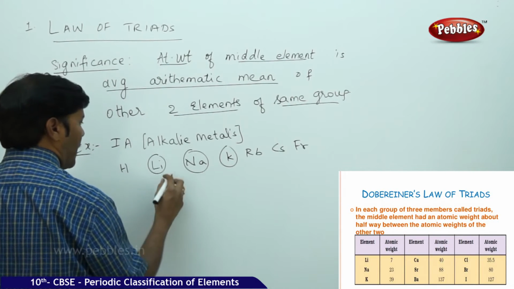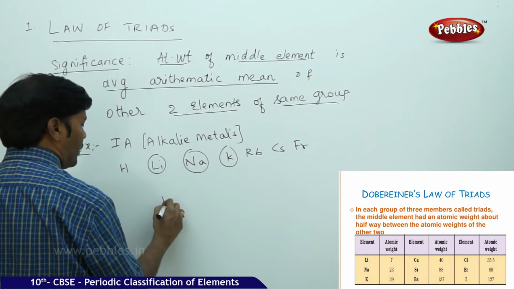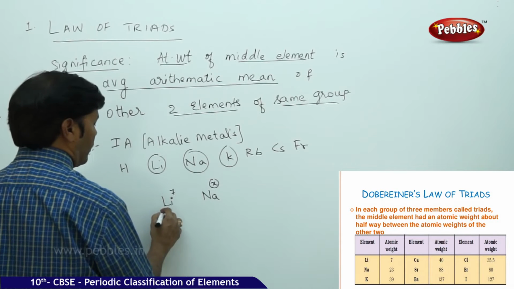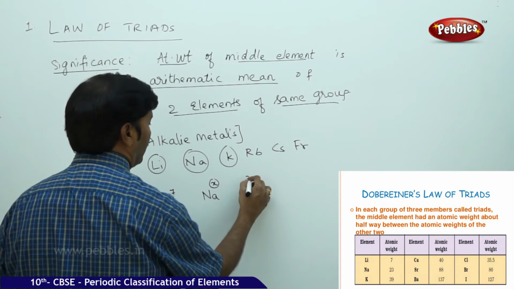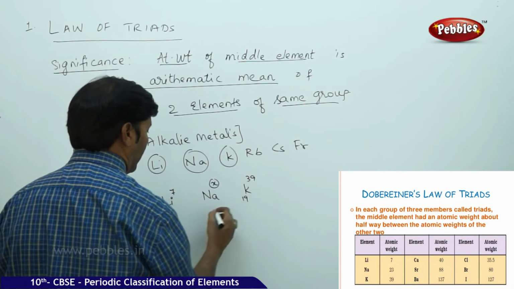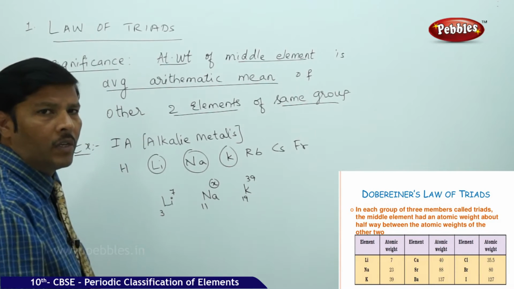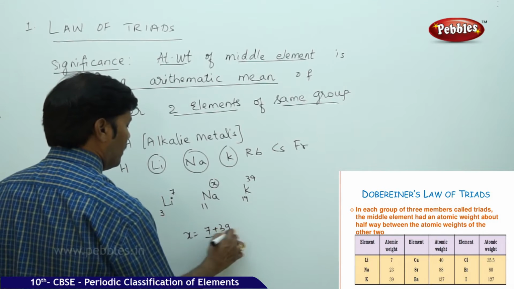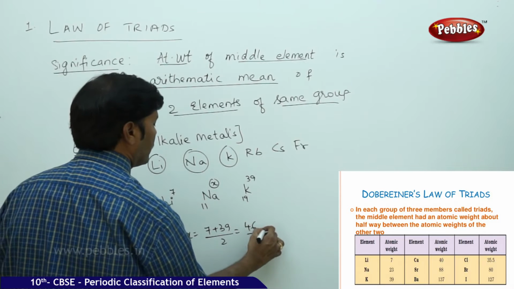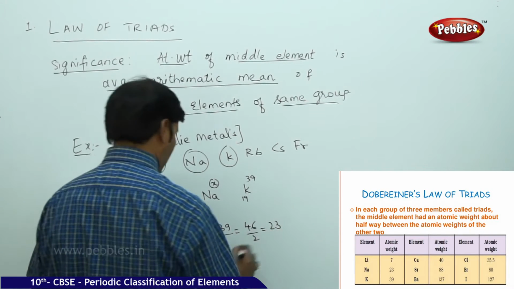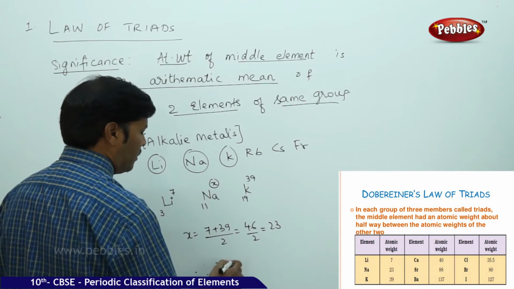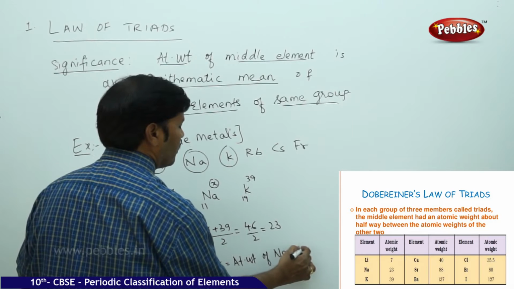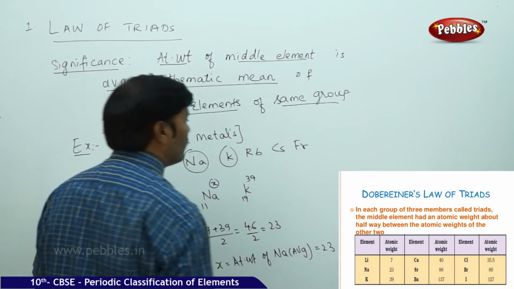Lithium atomic weight is 7, atomic number 3; sodium atomic weight is X, atomic number 11; potassium atomic weight is 39 and atomic number is 19. So to calculate the atomic weight of sodium, X is equal to (7 + 39) divided by 2, which is 46 by 2, which is equal to 23. Therefore X, the average atomic weight of sodium, is equal to 23.